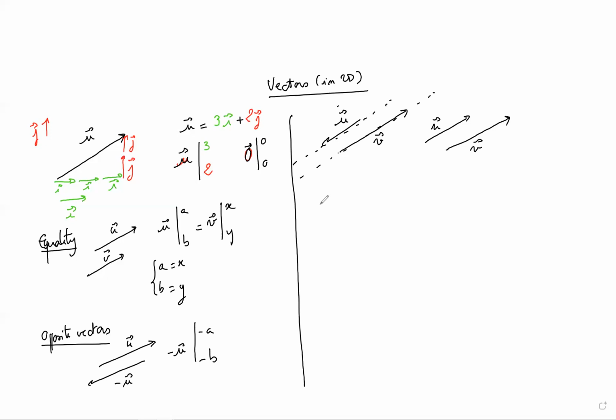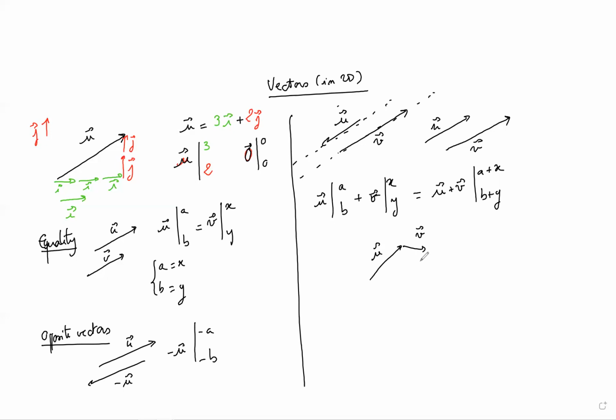Addition and subtraction of vectors. If you want to add U, whose coordinates are A and B, and V, whose coordinates are X and Y, the sum U plus V will be A plus X and B plus Y. And if you want to draw it, you go first from this point to this point, and then from this point to that point.